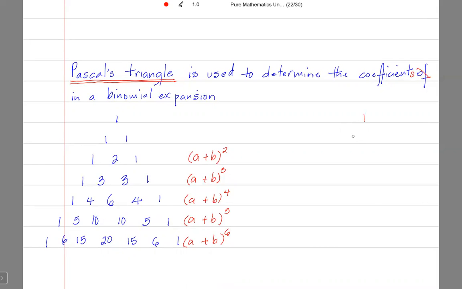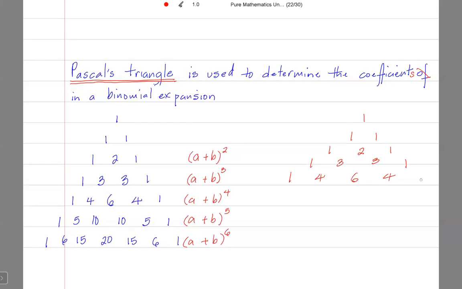So you have 1, and then you have 1 and 1 here. And then here you will put 2, because 1 plus 1 gives you 2. You put a 1 here and a 1 here. Then 2 plus 1 gives you 3. You put a 1 here and a 1 here. 3 plus 3 gives you 6. 3 plus 1 gives you 4.